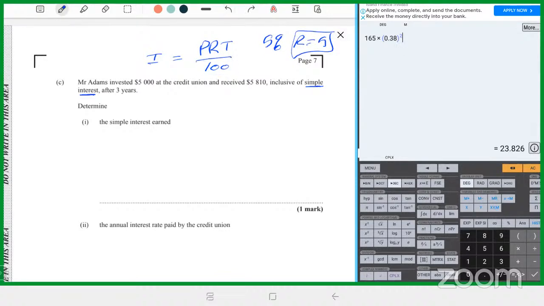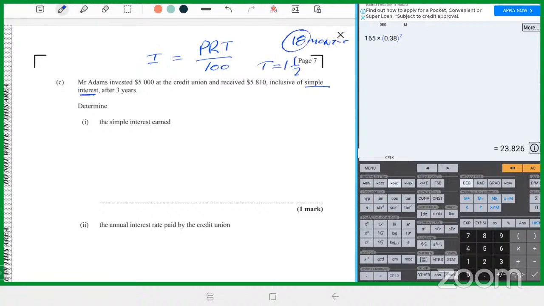All right, and remember now the T has to be time in years. So for example, if they give you 6 months, 6 months is just half a year, so the T will be equal to a half. If it is, for example, 18 months, then the time would be 1.5.